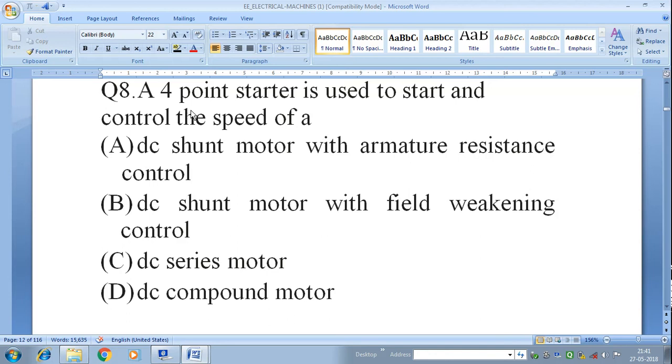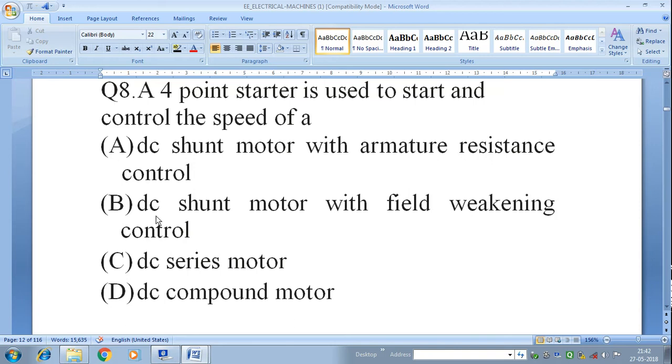But in case of 4-point starter, the field current is independent of the NVC current, that is, it is directly connected to the line. In case of 4-point starter, therefore, if we decrease the flux, then we can control the speed.